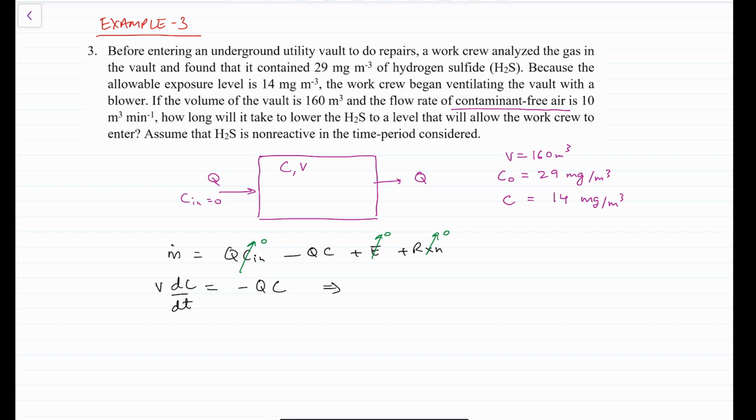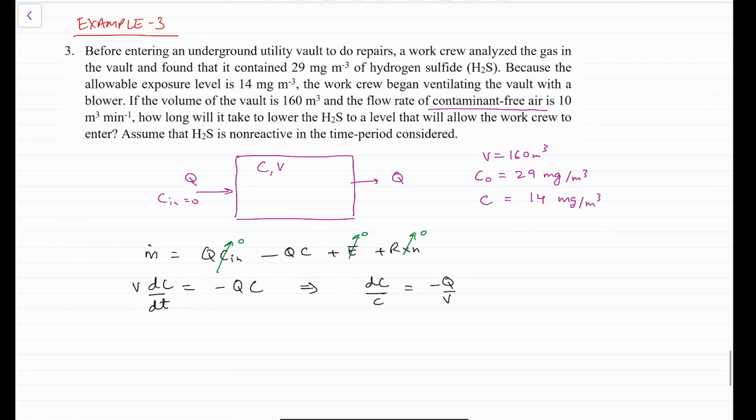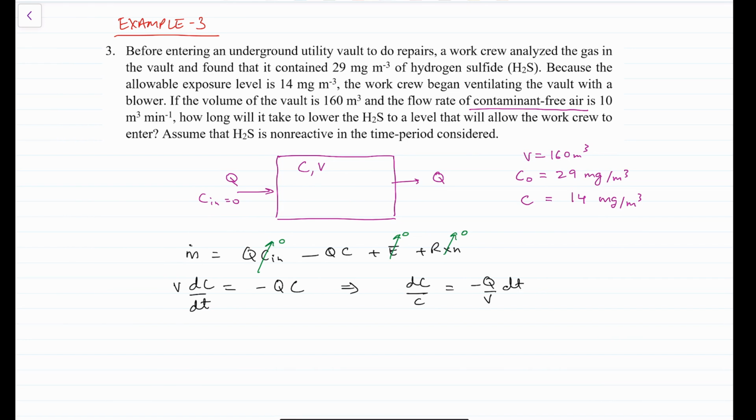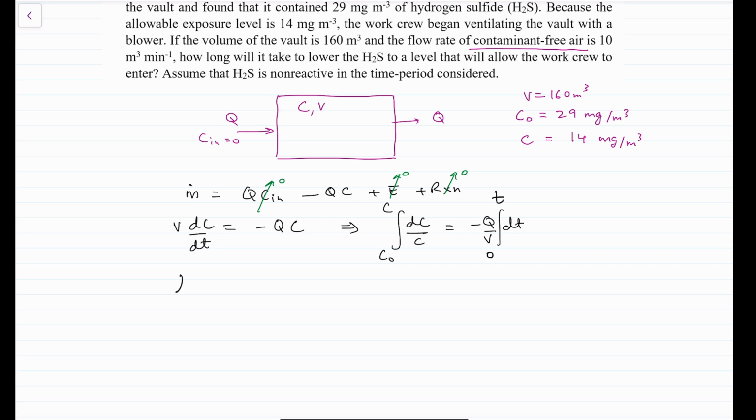And if we just try to separate the variables, minus Q over V dt, and we want to take this from C naught to C, 0 to T, so that's ln of C over C naught is equal to minus QT over V. So this implies T is equal to minus V over Q ln C over C naught.